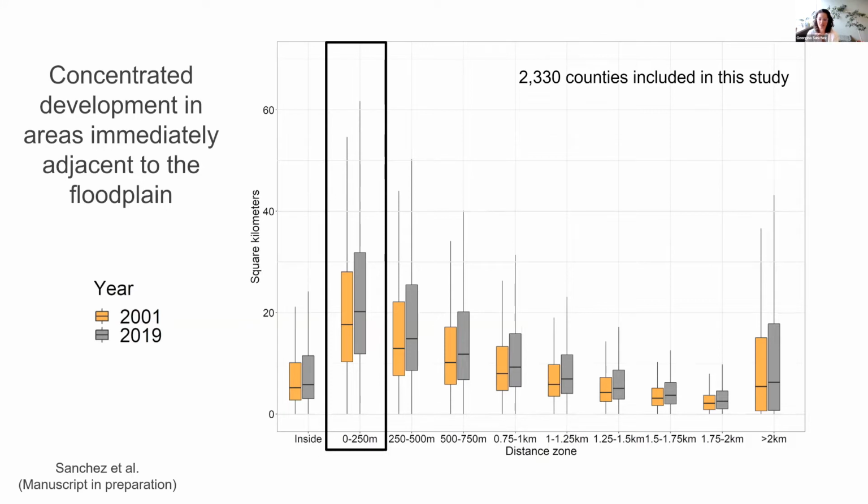There is a significantly greater concentration of development right at the edge of the floodplain when compared to the mean amount of developed land area that is either inside of the floodplain or in any other of the distance zones beyond the 250-meter mark.